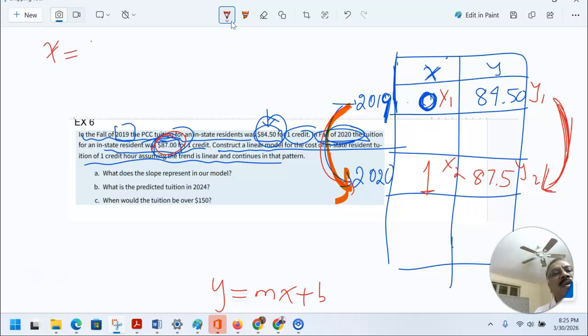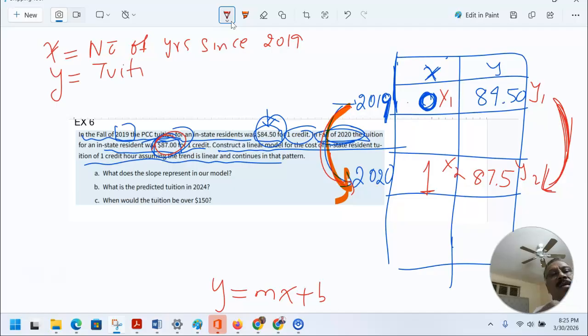X stands for number of years since 2019. So that's the beginning, right? And what does y stand for? Tuition for 1 credit for x number of years.